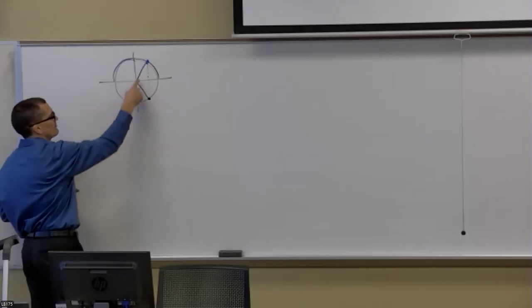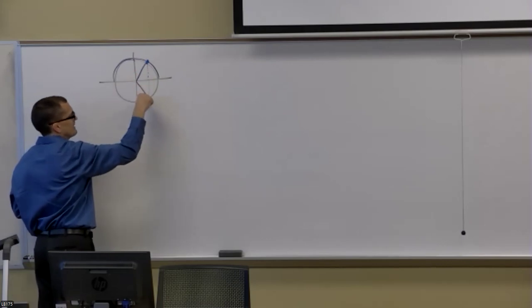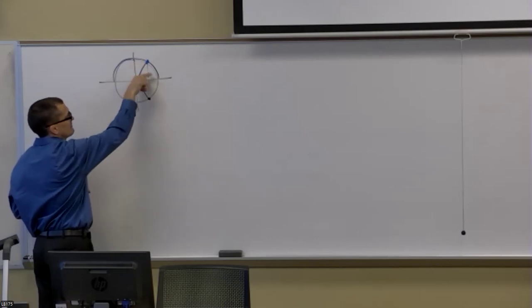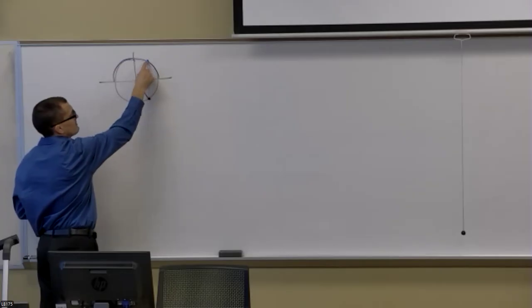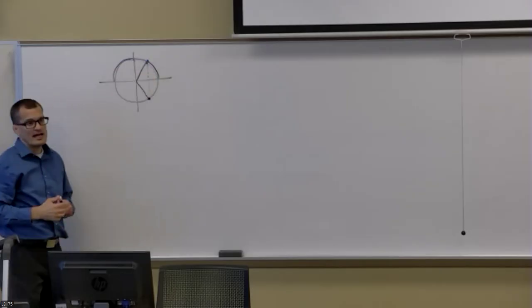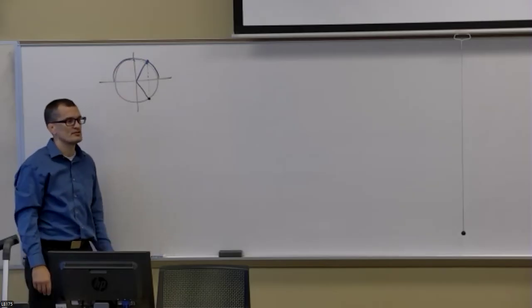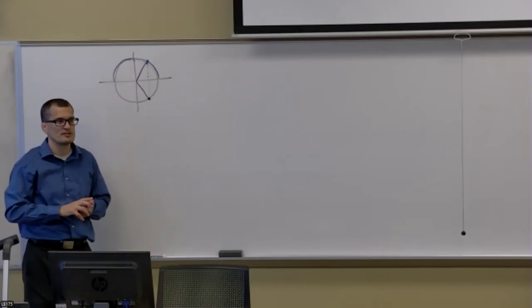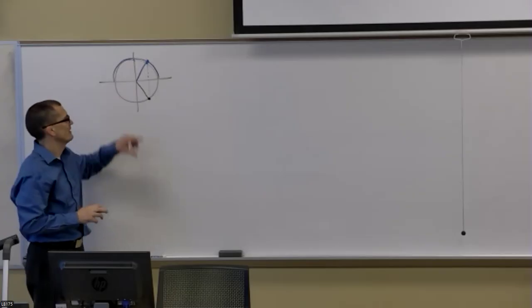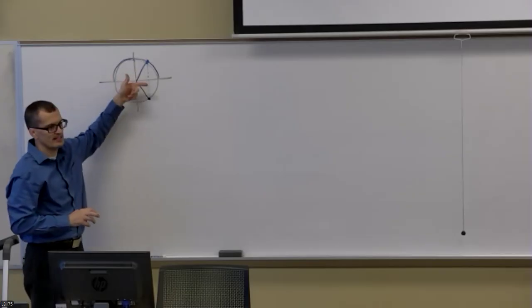So 8 pi over 5 is this angle right here. Cosine only deals with the top half of the circle. So it's giving me the angle on the top half of the circle with the correct cosine. So it's not giving me the coterminal angle. It's giving me the angle reflected across the x-axis.